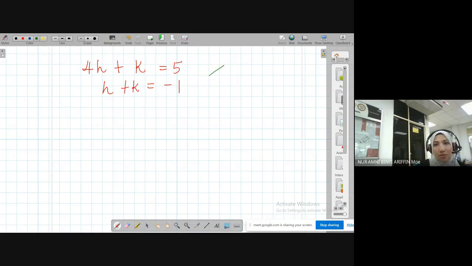Yes, using elimination or using substitution method. So depend on your keselesaan, depend pada kamu. If you think that elimination is easier than substitution method, so you just use elimination method. But for me, okay, I love to use elimination method. Saya lagi suka guna elimination method.